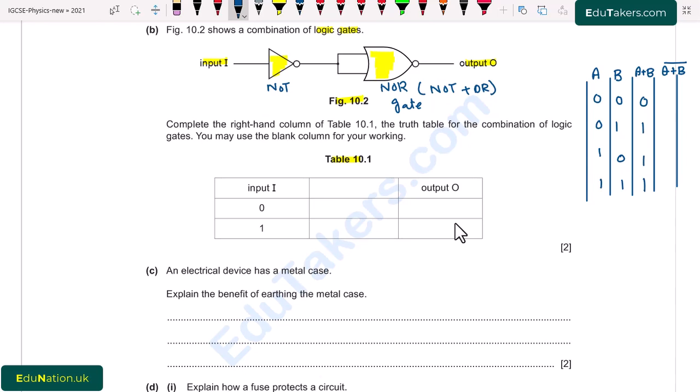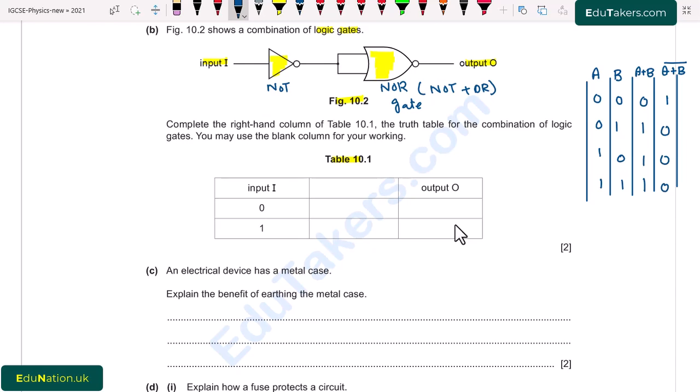In OR gate we can say that when any input is high, the output will be high, and when both of the inputs are low, output will be low, and then we have to take the NOT of these outputs, and in the NOT gate we convert 0 into 1 and 1 into 0, so it becomes 1 and 1 changes into 0. So this is the truth table of NOR gate.